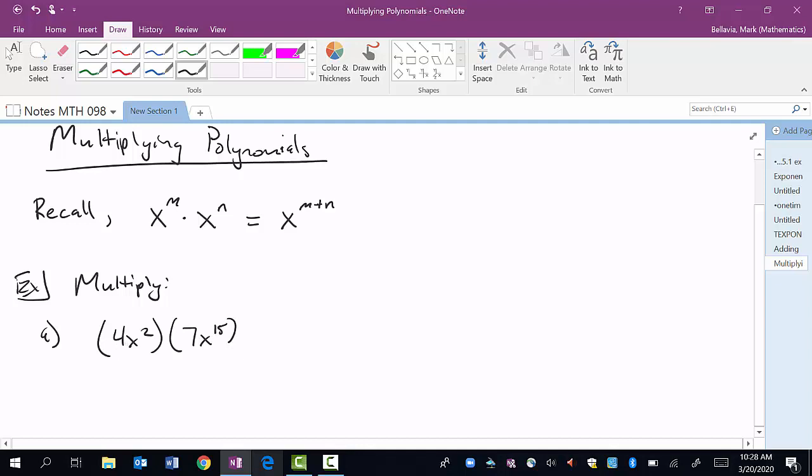So when I multiply these together, what you really do is you multiply the coefficients. So 4 times 7, which gives us 28. And then multiply the variables. X squared times x to the 15th. Remember, when you multiply things with the same base, the base stays the same, and you add their exponents. 2 plus 15 makes this x to the 17th. So we get 28x to the 17th.